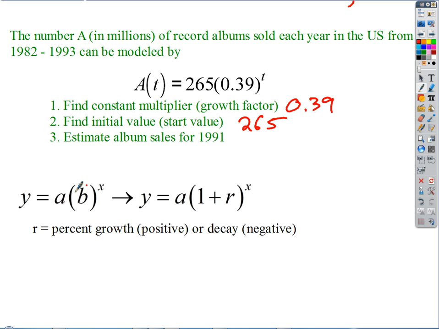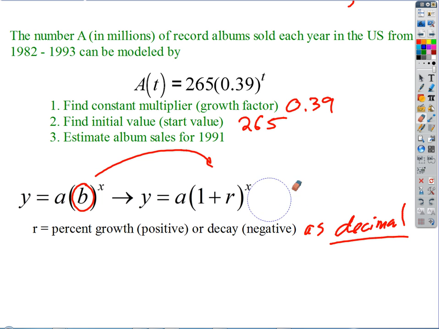All we did was take the constant multiplier or the growth factor and rewrite it as 1 plus R, where R ends up being the percent growth or percent decay. I forgot to put something that's very important: as a decimal. Okay? R would be a positive number for growth. It would be a negative number for decay.